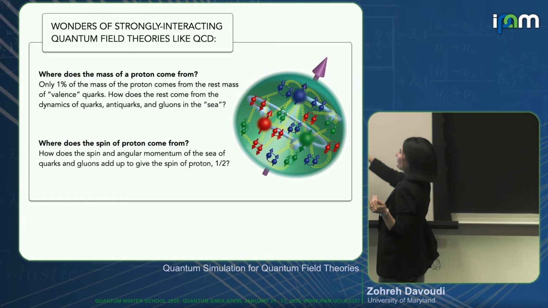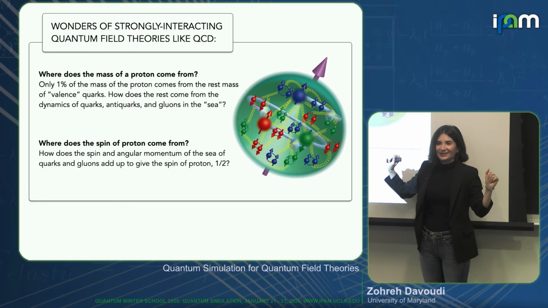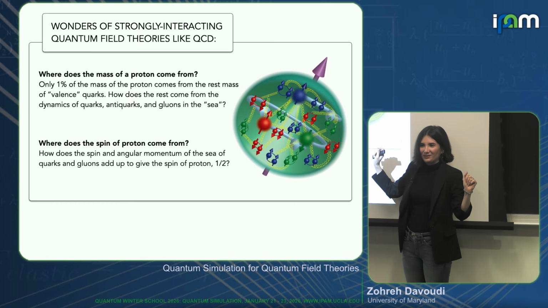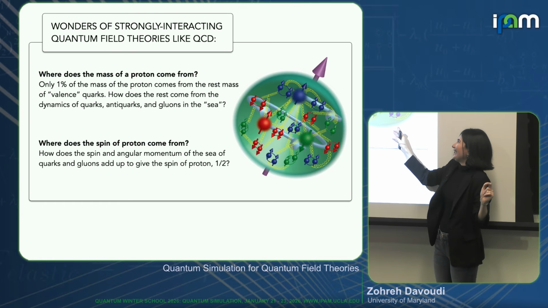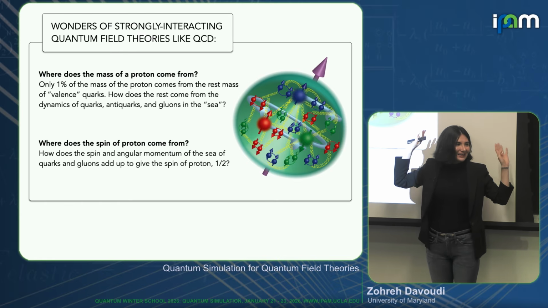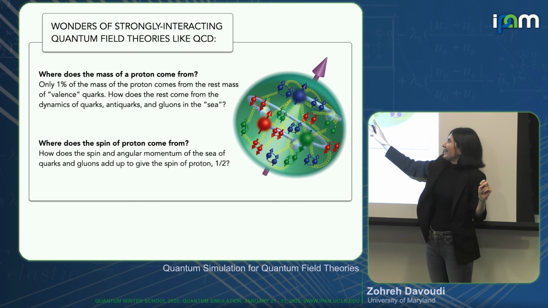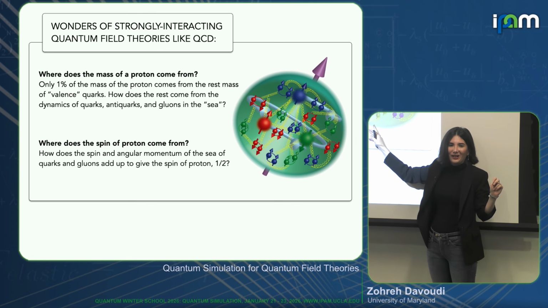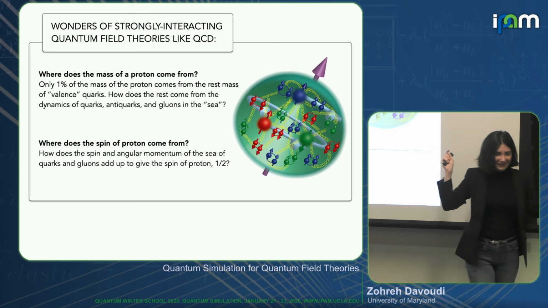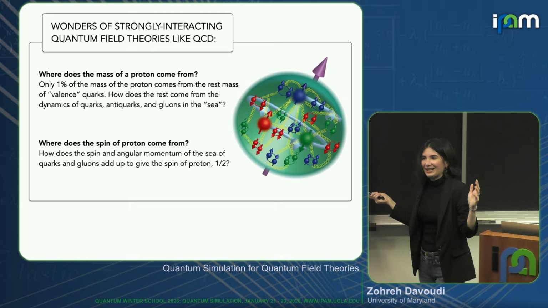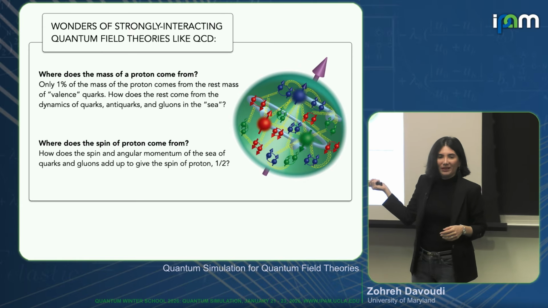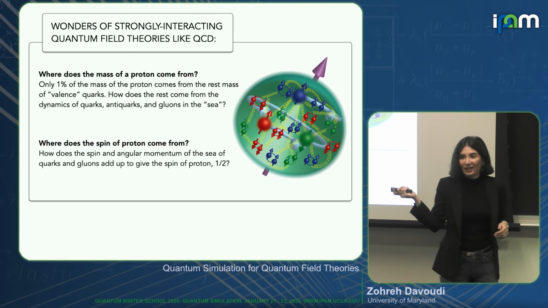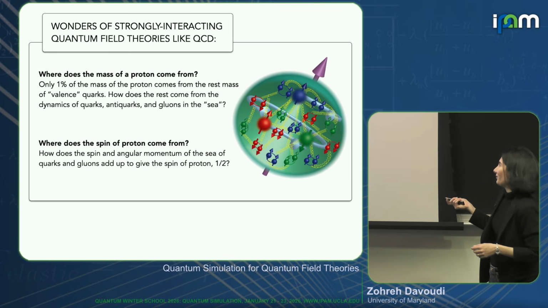And then you do these non-perturbative lattice QCD calculations that take hundreds of millions of CPU hours, and you realize that it's not that simple. A good fraction of the spin of this object comes from the gluons themselves. So there are a lot of mysteries that we are starting to learn about these internal structures, being able to do non-perturbative simulations of the strong force.